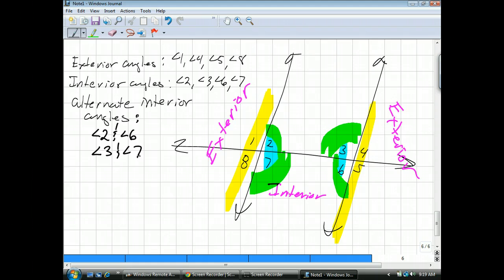Okay, so angle 2 and angle 6 are alternate interior angles because they're interior angles between the two lines. Okay, but they're on alternate sides of the transversal. Okay, so that's what makes them alternate interior. Then we can also talk about same side interior angles.